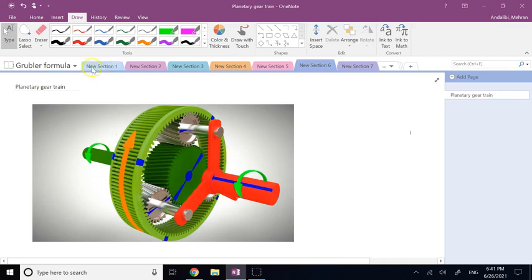Now, what's the degree of freedom for this whole thing? So here, let's count the number of moving members. You have the center gear, which, by the way, we call the sun gear. We have this outer internal gear, which we call the ring gear. If you look, this is an internal gear. The teeth are inside.